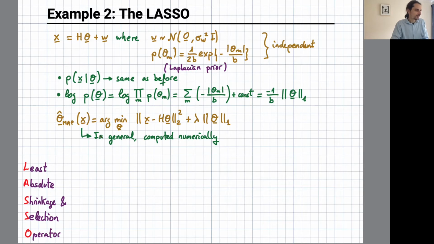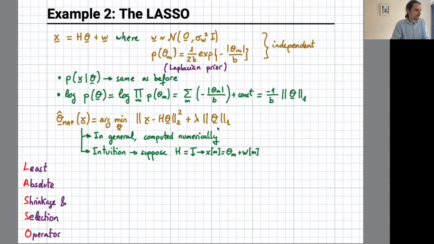It in general needs to be computed numerically; it doesn't have a closed form. The good news is that this is a convex optimization problem, and those kinds of problems can be solved efficiently. In fact, there are many efficient algorithms for this specific problem, and therefore it can be solved very easily.